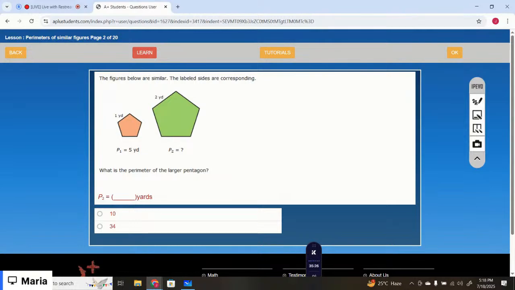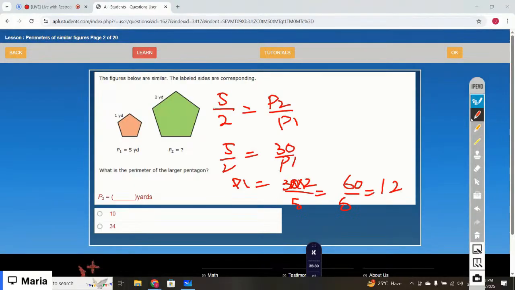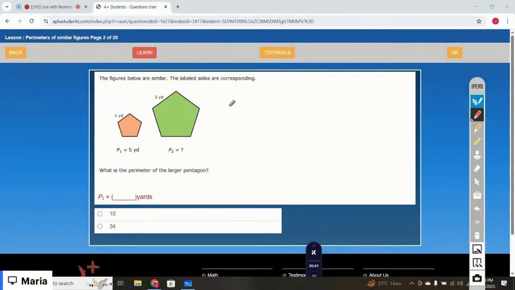The figures below are similar. What is the parameter of the larger pentagon? That is 2 over 1 equals P2 over P1. 2 over 1 equals P2 over 5.